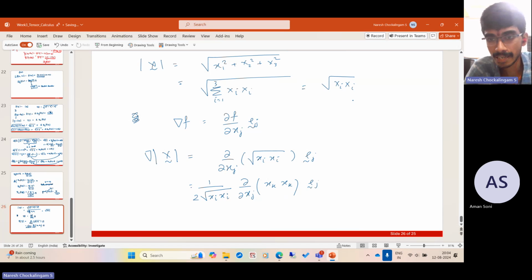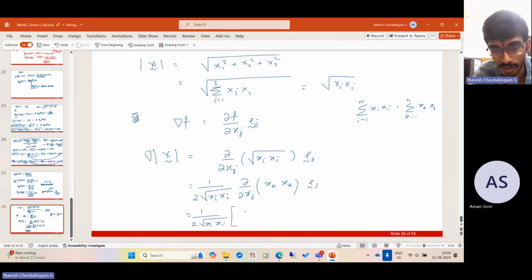You know that the dummy index, summation i going from 1 to n of xi xi, is nothing but summation k of xk xk, because they are all summed over. The index k actually doesn't matter. That's why it's a dummy index. You can replace the dummy index with anything, so that you don't use the same index more than twice. So then what do you get? You get 1 by 2 square root of xi xi.